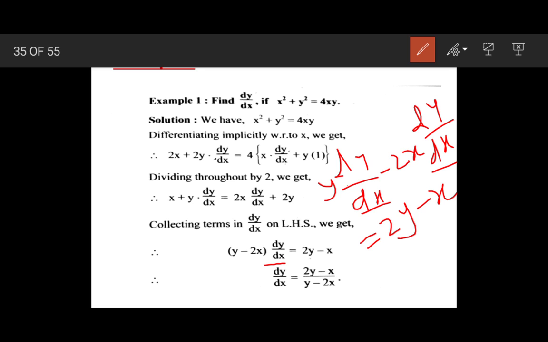So by taking dy upon dx common, we will get y minus 2x. So y minus 2x into dy upon dx is equal to 2y minus x, and hence dy upon dx is 2y minus x upon y minus 2x. Okay, this is the derivative.